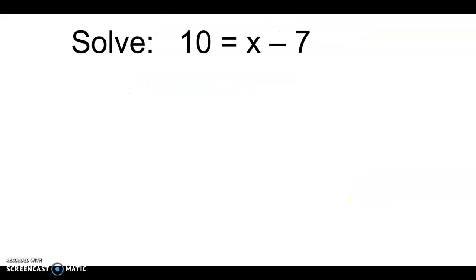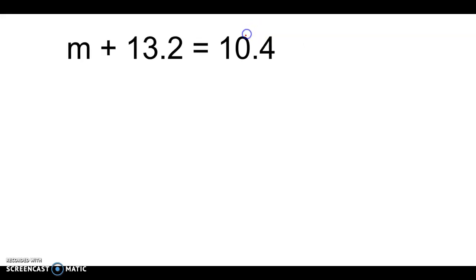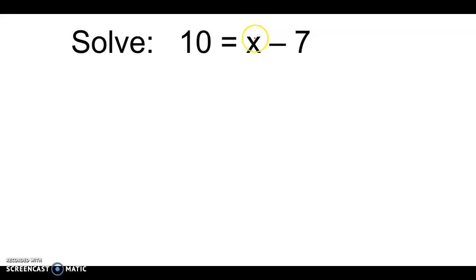So on this one, it says 10 equals x minus 7. Now be careful. If you circle your variable term, that's the x. So you're not going to get rid of the 10. The 10 is not on the same side as the x. Do you see what's on the same side as the x for the equal sign? It's the negative 7.